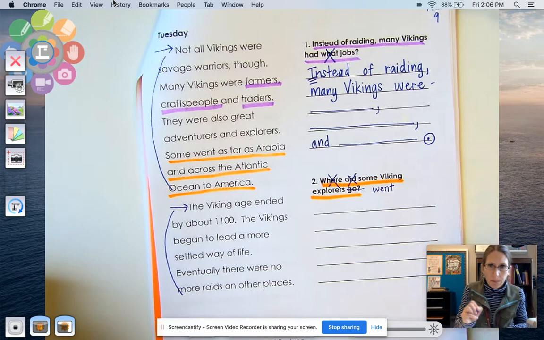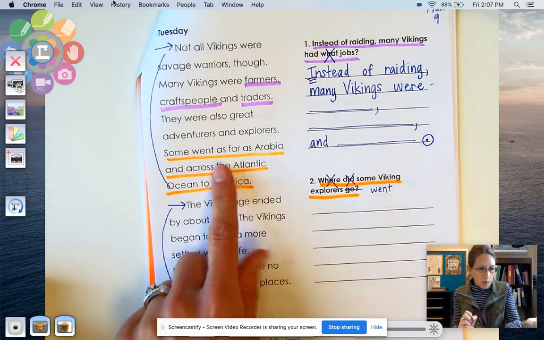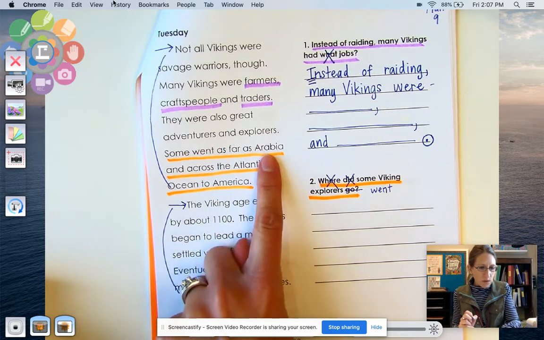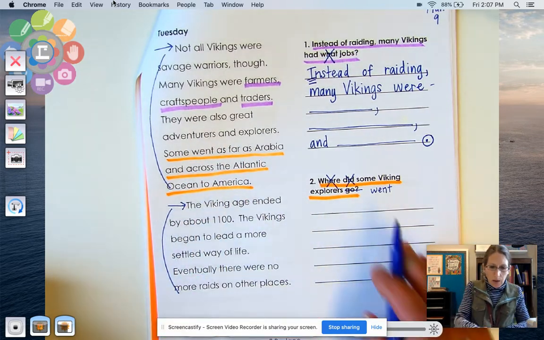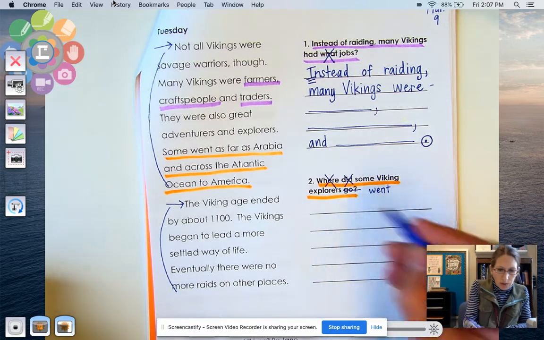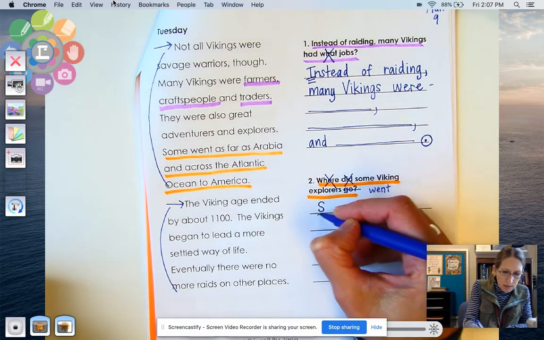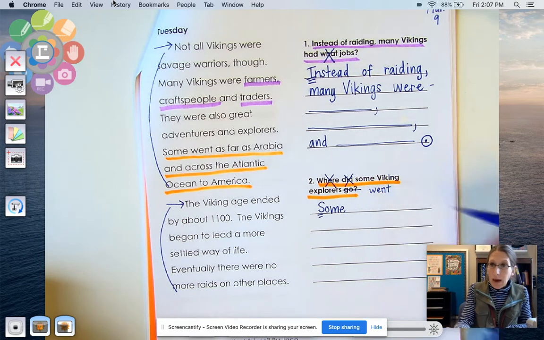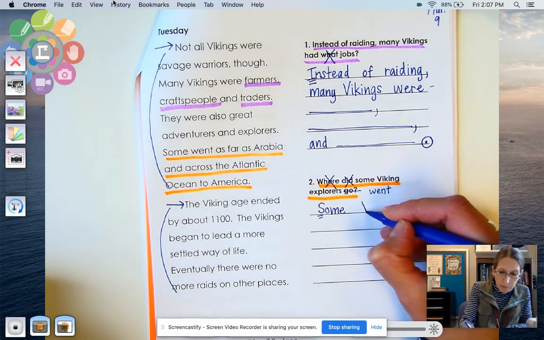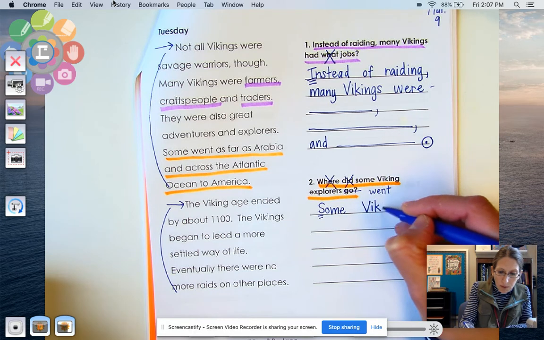Nice job. Okay, so we know that some went as far as Arabia, across the Atlantic Ocean to America. All right, so let's use a capital letter, of course, to start our sentence. Some, we need a capital letter for Viking. It's a proper noun, kind of group of people.